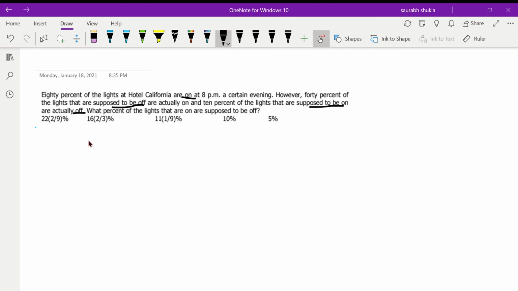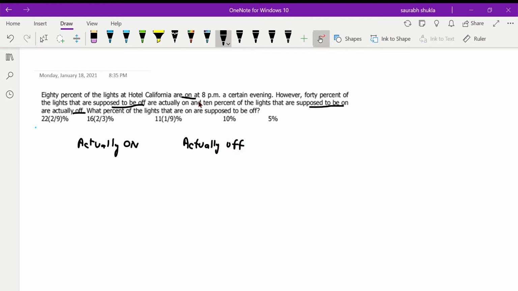So how are you going to make a grid? There are basically four parameters. Let me write them down. The first one is lights that are actually on, and then lights that are, of course, actually off.